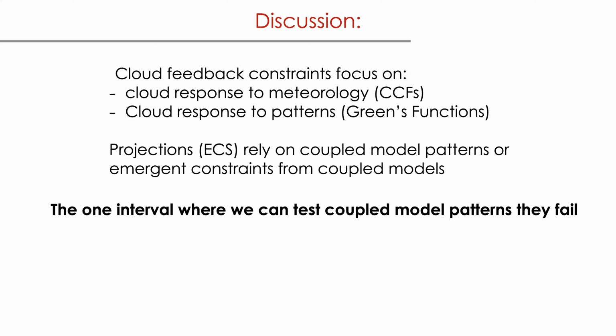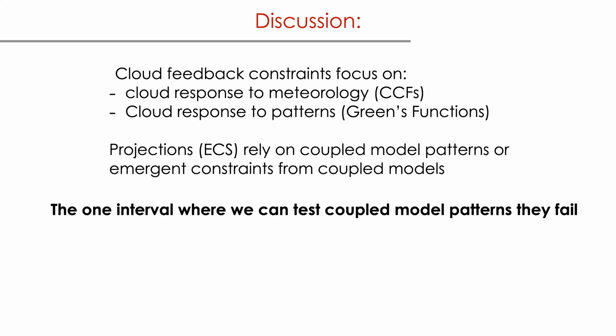And the one interval where we can really test these coupled model patterns, they fail. Maybe there's one model that comes close, but is it more likely that we really live in a 1 in 500-year event, or is it more likely that our coupled models are biased? I think it's more likely that our coupled models are biased.